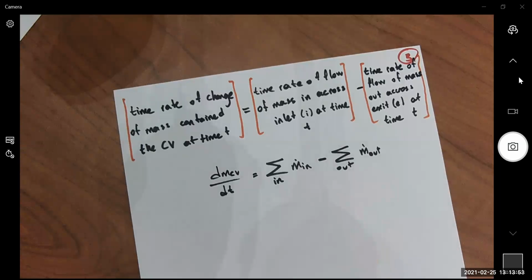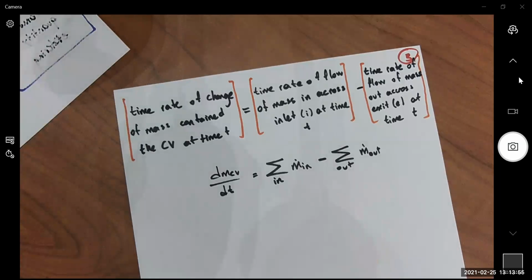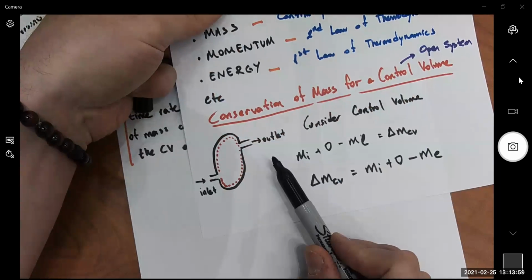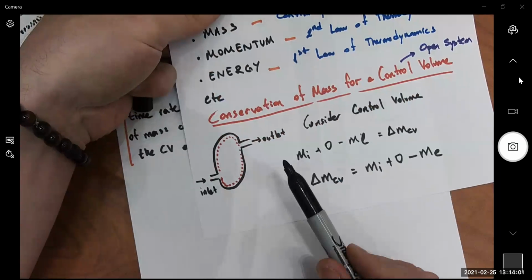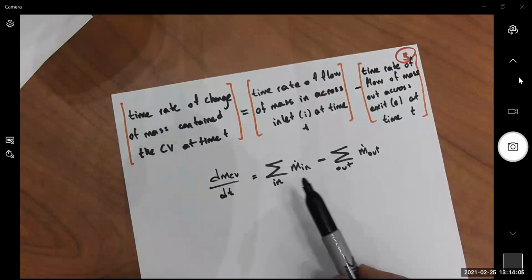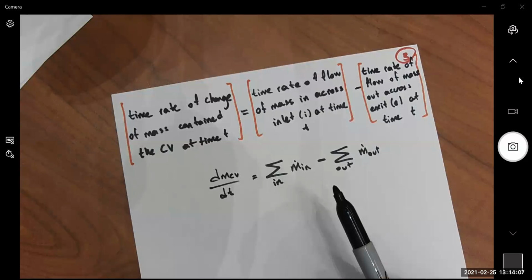So in this case, we had one inlet and one outlet. Here, one inlet, one outlet. But it might be multiple inlets and multiple outlets, right? In that case, summation of mass entering your system and summation of mass leaving your system.